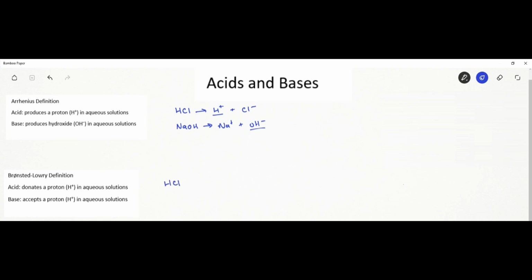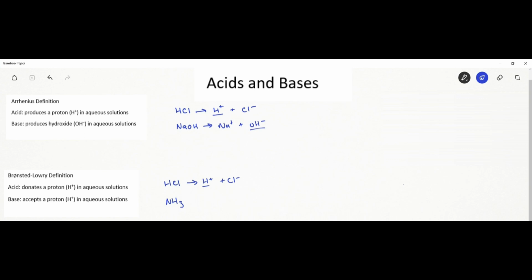Our hydrochloric acid in aqueous solution still is an acid under our Bronsted-Lowry definition. It's still donating a proton. For our base, let's take a look at ammonia because it does not fit our Arrhenius definition. However, it will fit our Bronsted-Lowry definition.